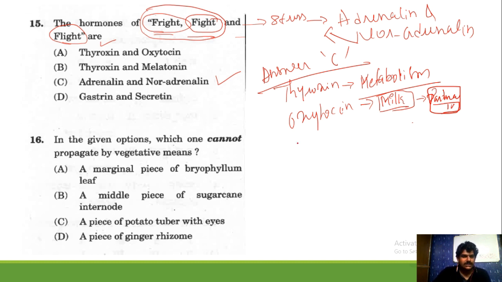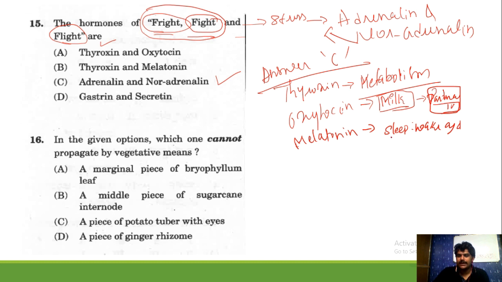Then what we know about next is melatonin. What does melatonin do? This is the hormone released by the pineal gland, and it does a very particular work, that is the sleep and wake cycle.